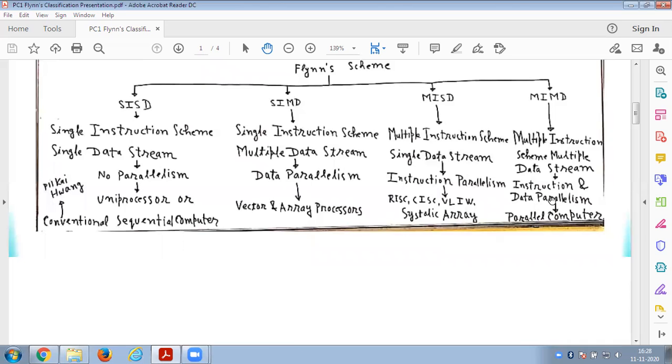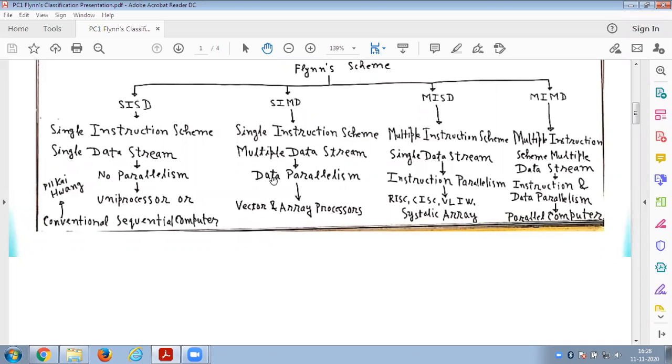An example of SISD is the uniprocessor and all conventional sequential computers, that means ordinary desktop computers, PCs, personal computers on which we work daily. That is under the category of SISD, a uniprocessor machine. This is written on page 11 of Kai Hwang.